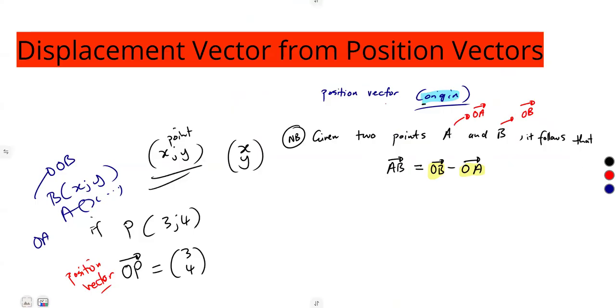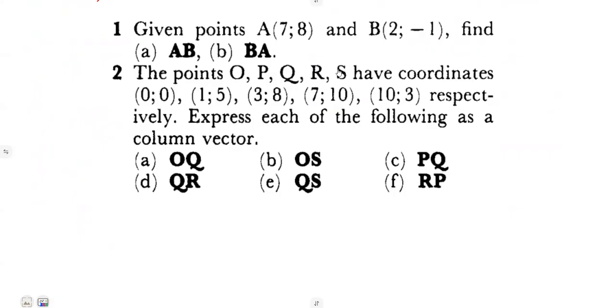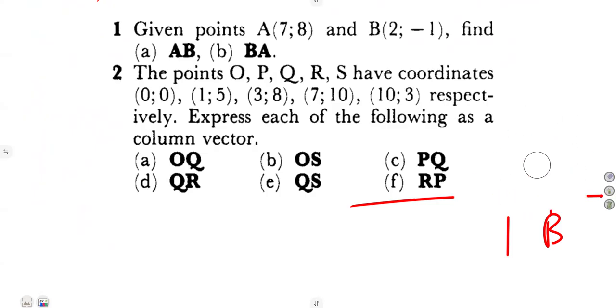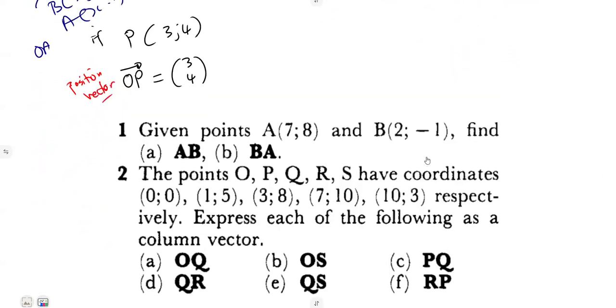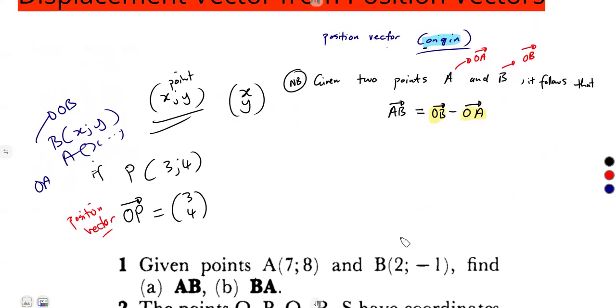So using that calculation, we do not need to draw a diagram. When you're given something like this, you don't need to represent the point A, the point B, and then move. If I'm asked to find vector AB, then no, we are not going to apply that concept. From these coordinates, we can find these vectors. From the first one, we are given the point A is 7, 8.